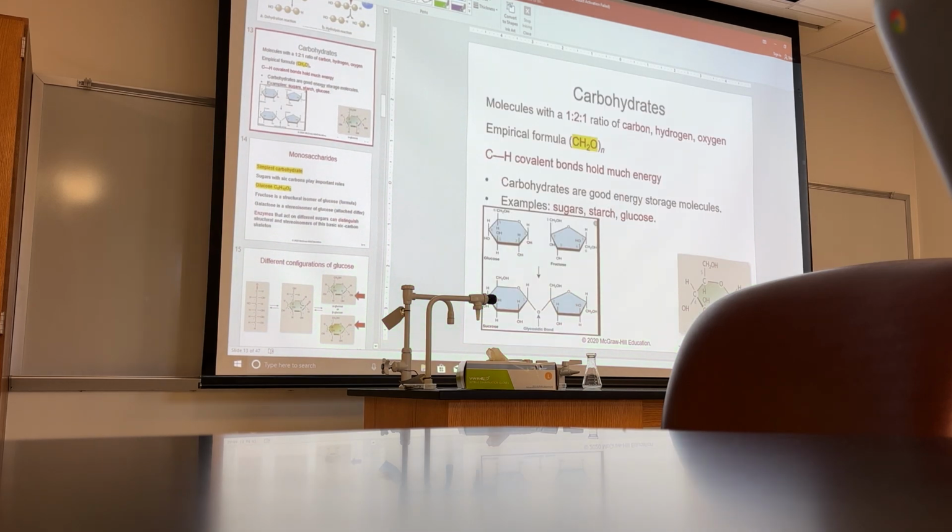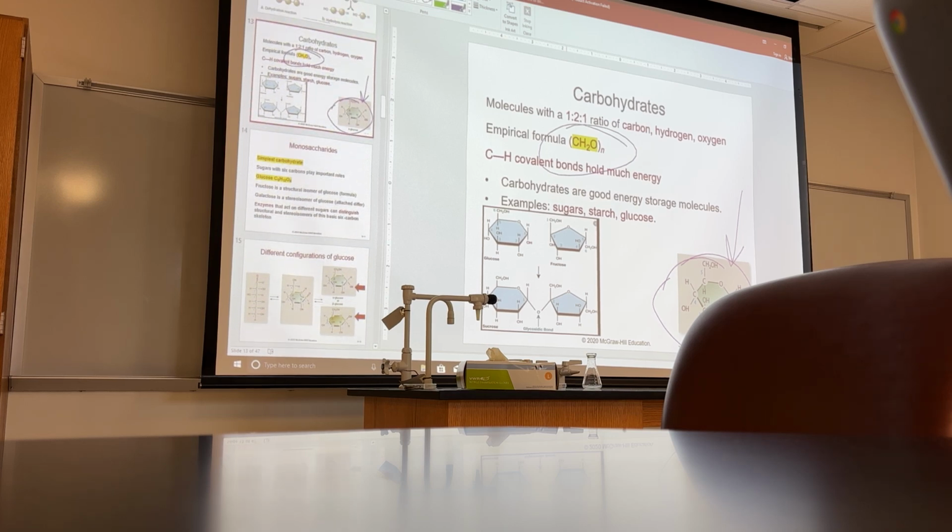This is the structure for glucose right here. You don't have to know it, but I want you to understand that carbohydrates have carbon, a bunch of hydrogens, and oxygen.